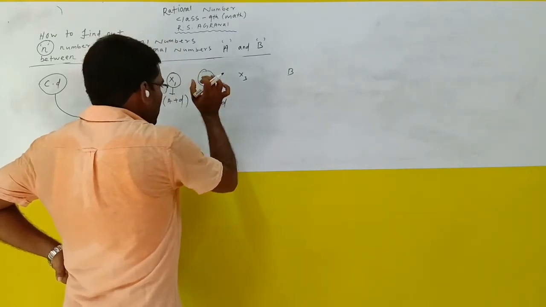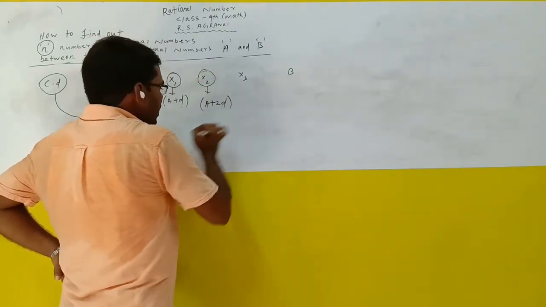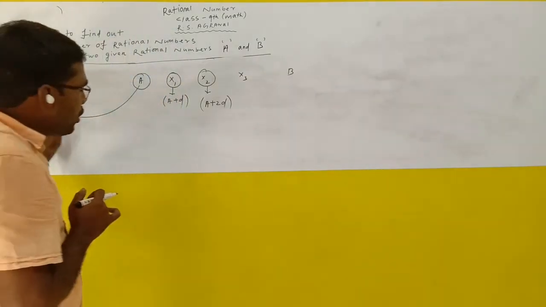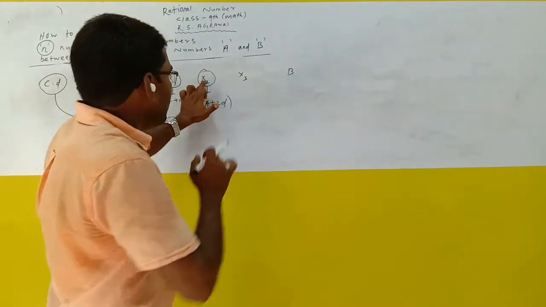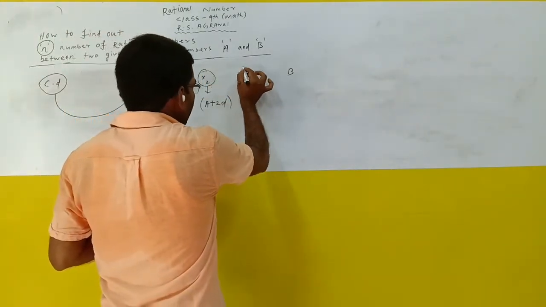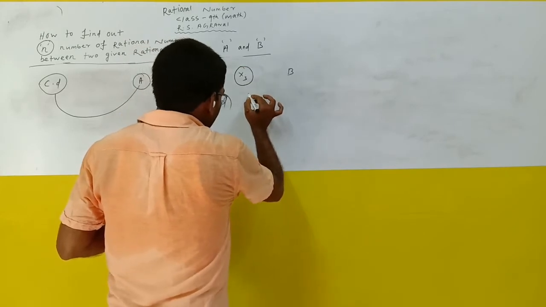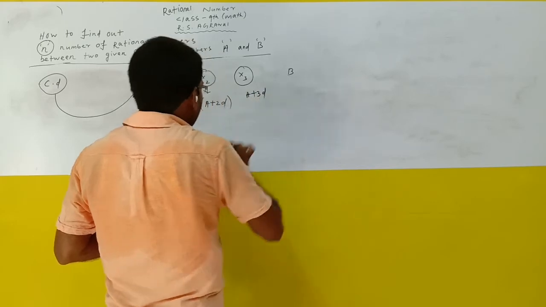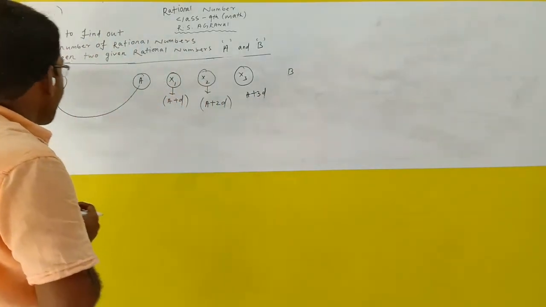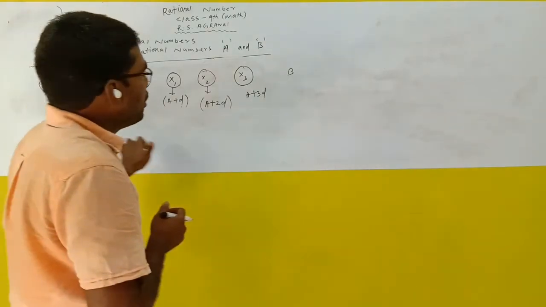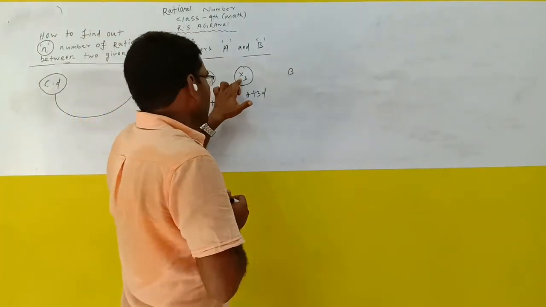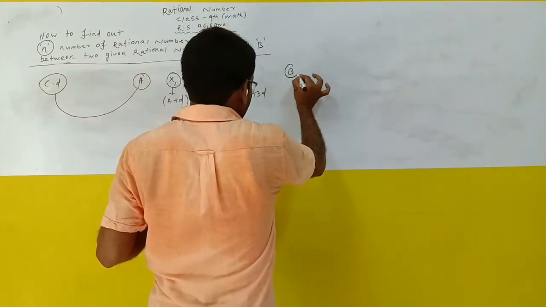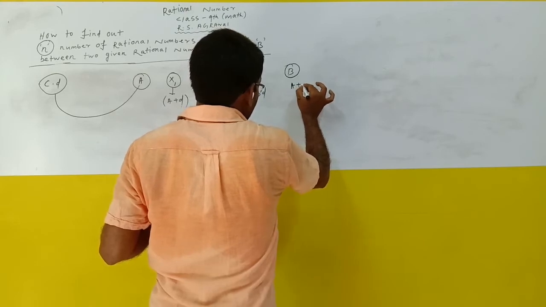It means x2 equals a plus 2d. Similarly, if you add the common difference to x2, you get the next rational number, that is x3. It means x3 equals a plus 3d. And if you add the common difference to x3, you get the next number, that is b, which is a plus 4d.